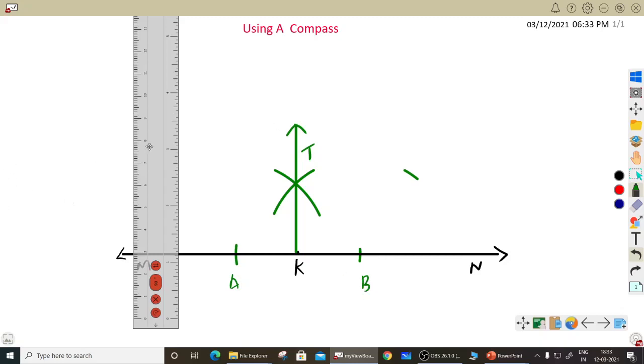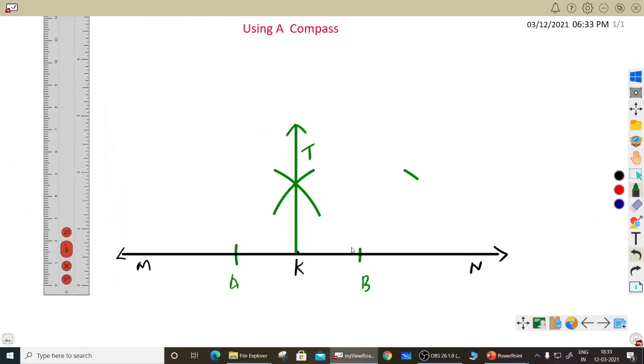The arcs are at A and B. The perpendicular drawn is at K, and the perpendicular is named as KT, and here it is perpendicular. This is a way by which we can draw a perpendicular to the given line at a point with the help of a compass. Understood?